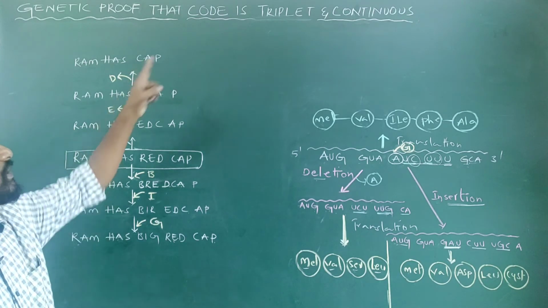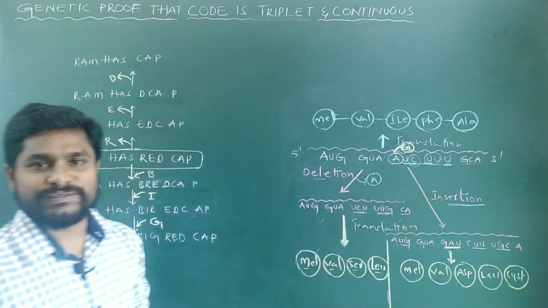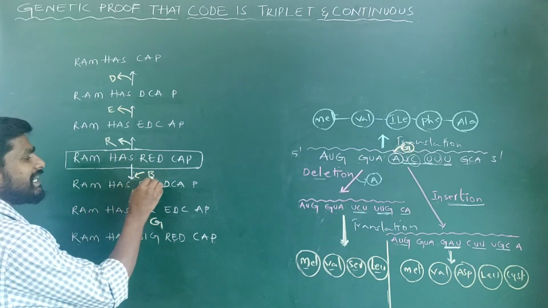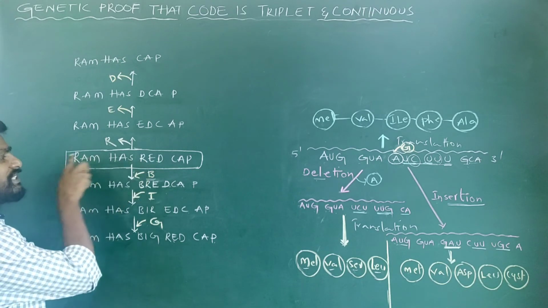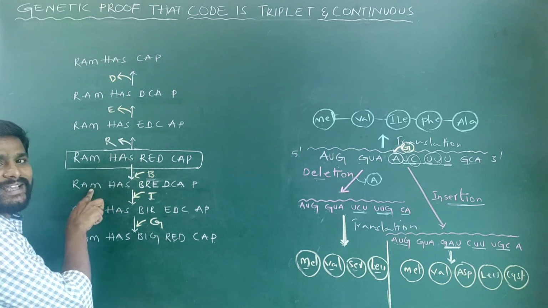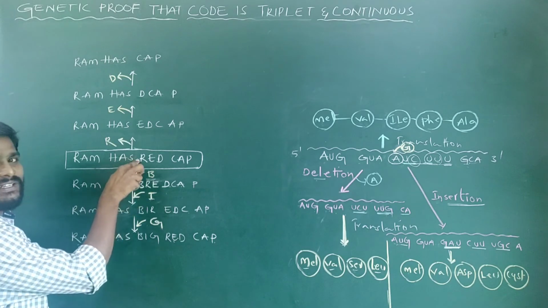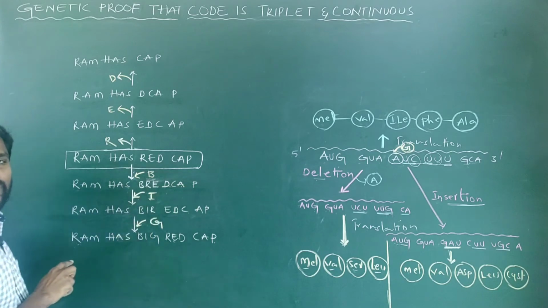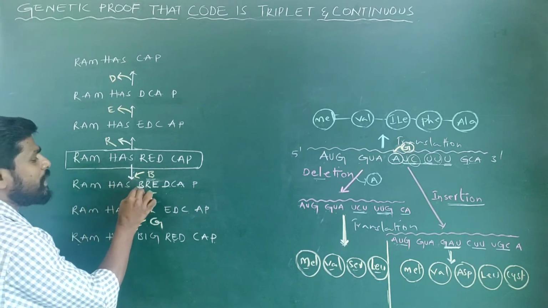First, let us prove this by taking the insertional frame shift mutations. In the first case, a nucleotide B gets inserted before the nucleotide R of this statement, Ram has red cap. Due to insertion of a nucleotide at this point, you can find a shift in the reading frame of the triplet codons of this statement as Ram has BRE.